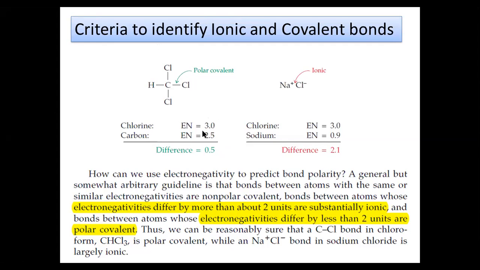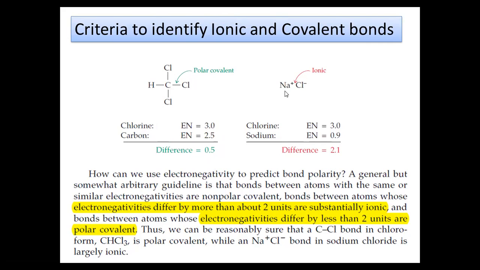So how can you identify whether the bond between the atoms in a molecule is a covalent bond or an ionic bond? The criteria is that you have to calculate the difference in electronegativity. Let's suppose in this case the electronegativity for chlorine is 3 and for carbon is 2.5, and the difference in electronegativity, 3 minus 2.5, is 0.5.